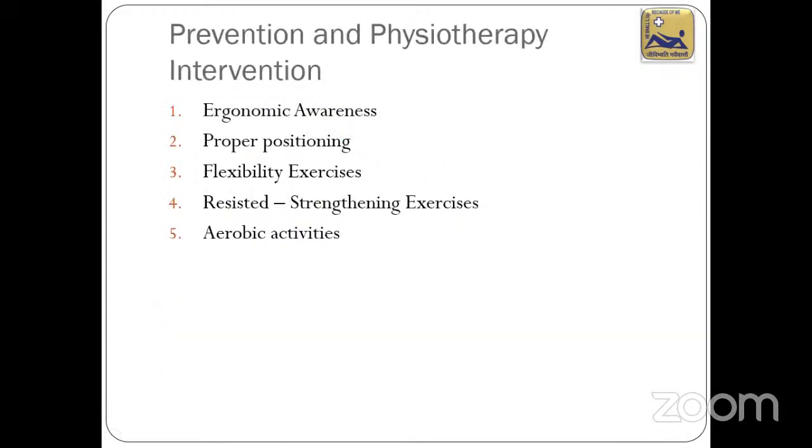So what are the preventions for these musculoskeletal issues, and what are the physiotherapy interventions mainly? The main thing is we need to create awareness in the individual about the ergonomics, the ideal position they're supposed to maintain when sitting in front of a system, or doing any job in the IT field.